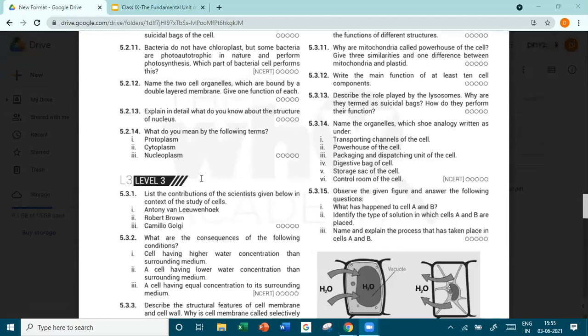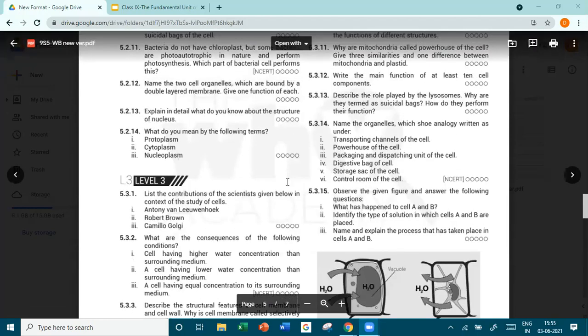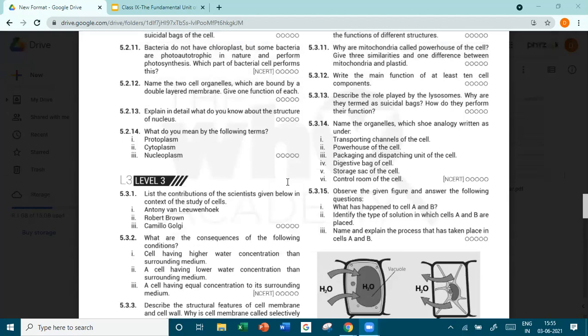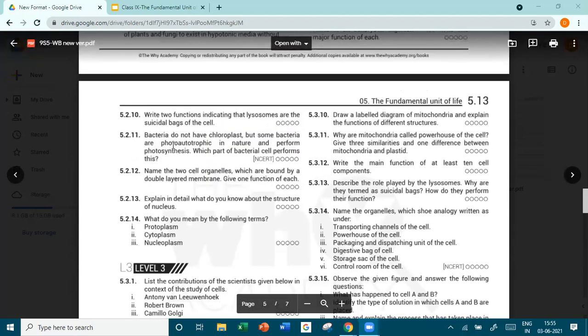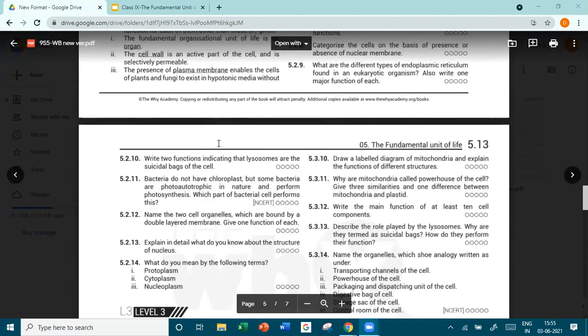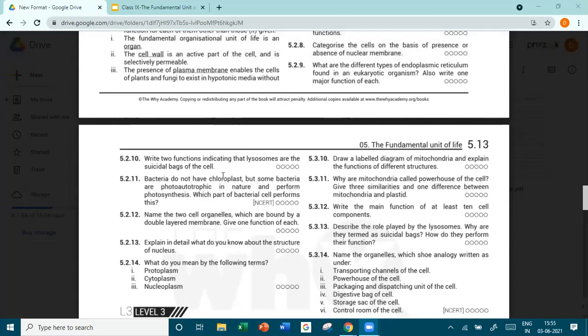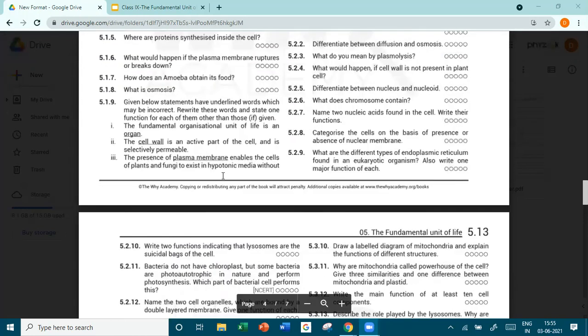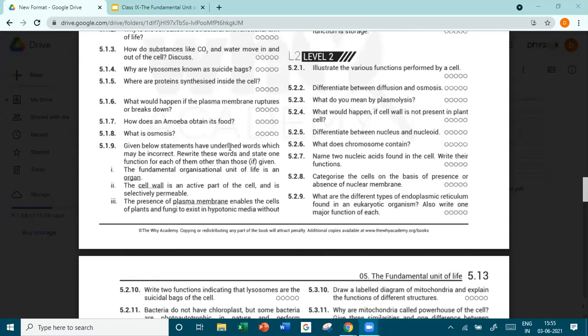Okay? All questions till the cell wall. So whatever is coming in your exam, those questions I will give you as homework. So you can do that and submit it on the link or form link wherever is mentioned in the group description, right?